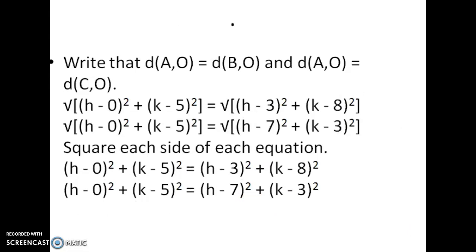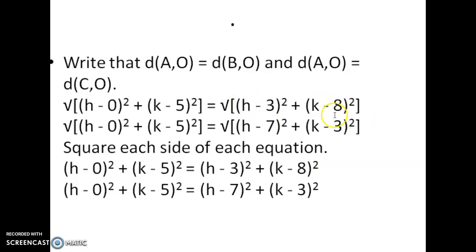All right, now forming the equations. Here we have two unknowns, which are h and k. Since the distance from O to A, B and C is the same, we are going to make AO and BO equal, and also AO and CO equal. It is important to note that you could have said BO is equal to CO and the result was going to be the same.